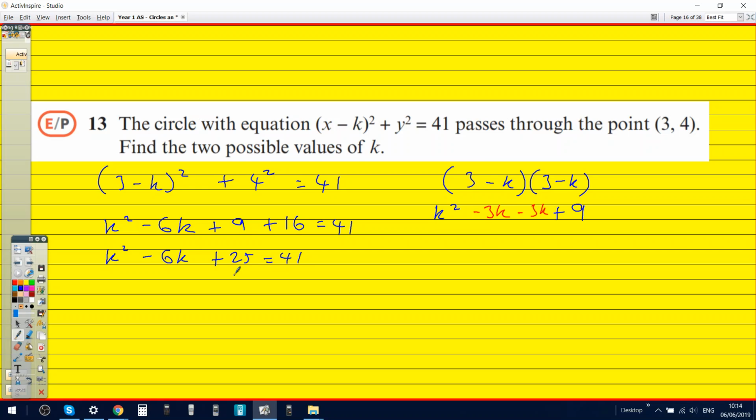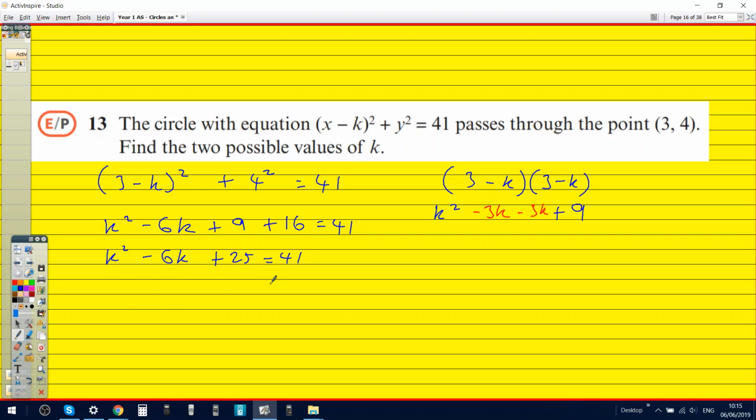So factorising that, so what type of equation is it? Quadratic. And how do you solve quadratics? So factorising works, but it has to be in a certain format first. The only thing coming to mind is the formula.